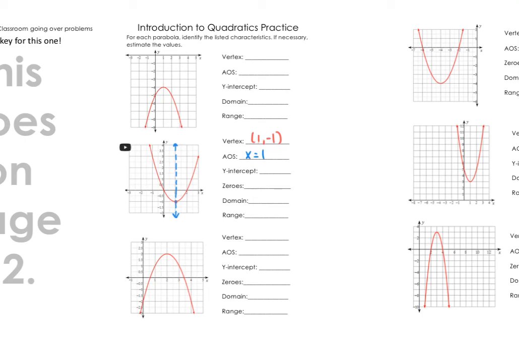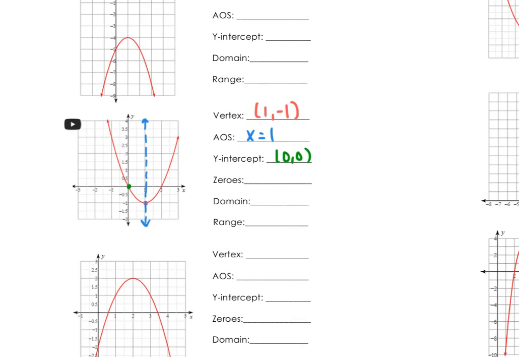The y-intercept is where it crosses the y-axis, and it's right there, and that is the origin, so that's 0, 0. Then the zeros are where it crosses the x-axis, also the x-intercepts. The y-intercept is also an x-intercept, so it's 0, 0. And then this is the other point, which is 2, 0.